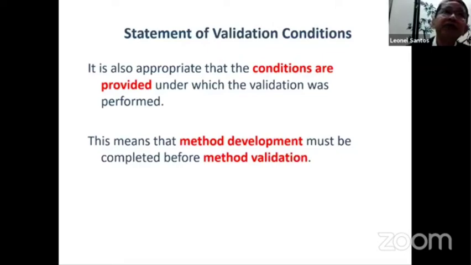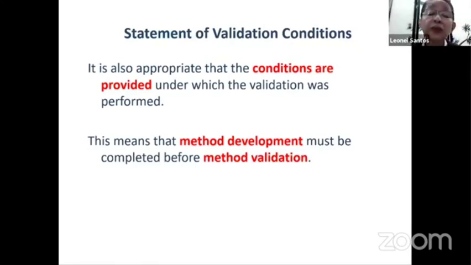Years ago, method development was something that didn't need to be documented. It has become important that method development is a requirement, and you need to document all your method development before you do all the validation.